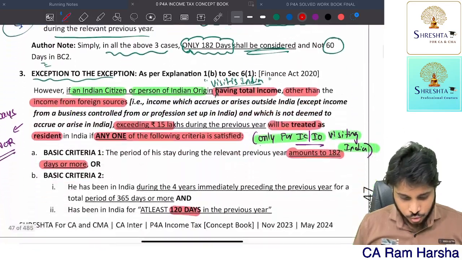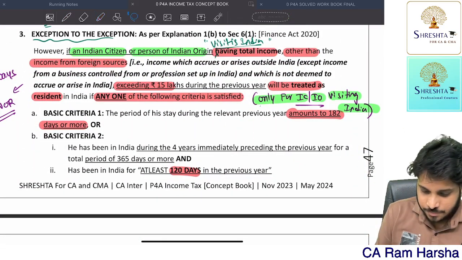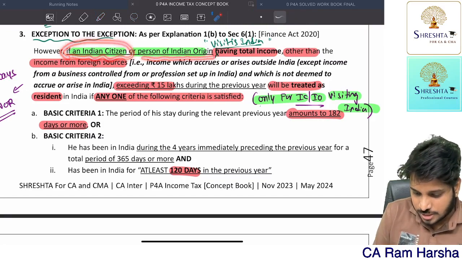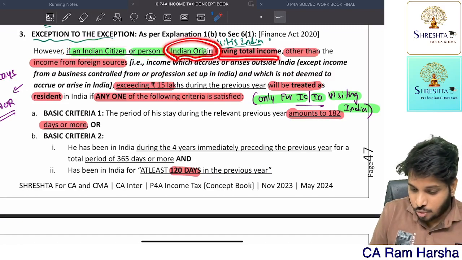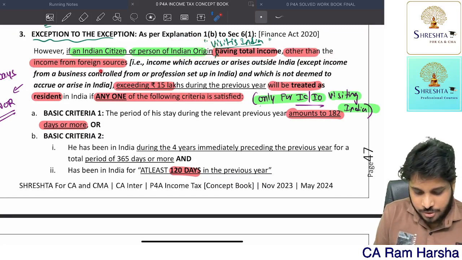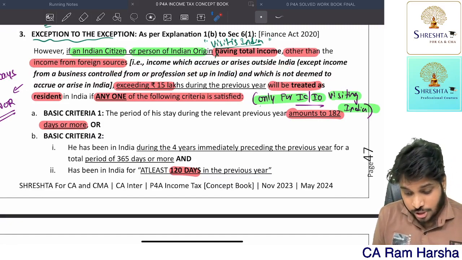Okay. So now what is this point? If an Indian citizen or a person of Indian origin having total income other than income from foreign sources, that is income which accrues or arises outside India, except from a business controlled or profession set up in India.